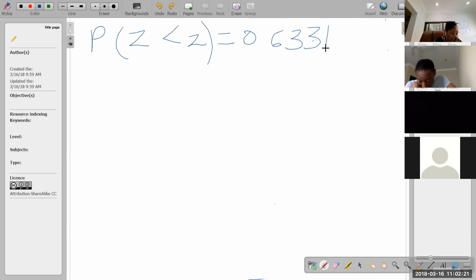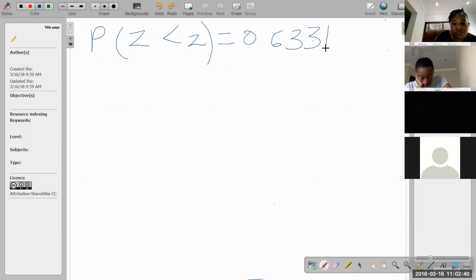So we're going to look for 0.6331. If you look at your table, you can never get 0.6331 from your table. It's impossible. So what does this mean?